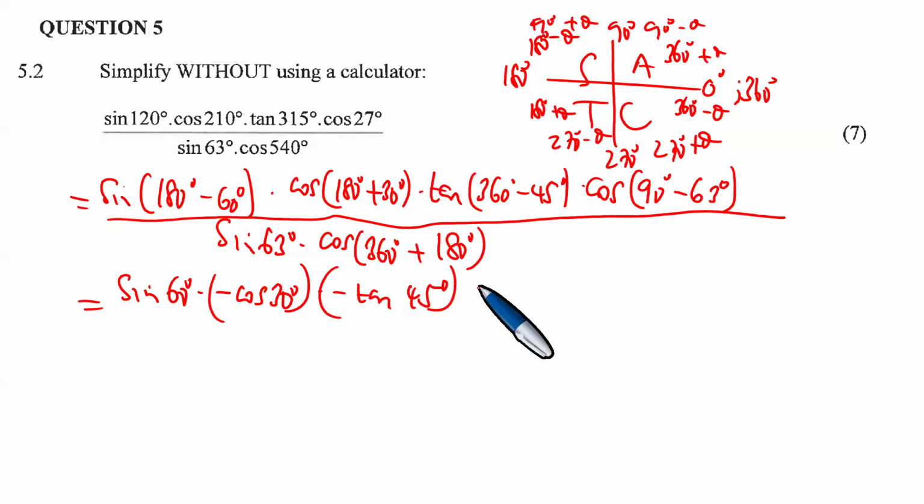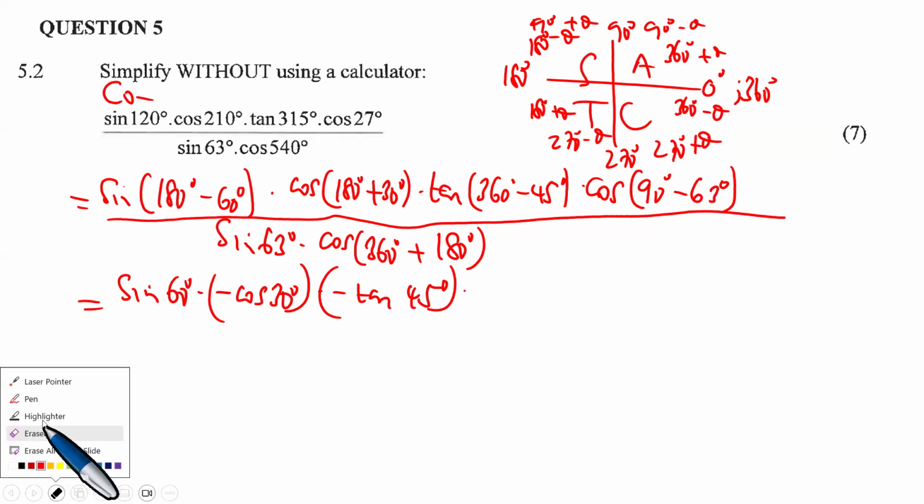Next, we have 90 degrees minus 63. This is an angle in the first quadrant in which all trigonometric ratios are positive, so we're going to have a positive there. But obviously there's a cofunction change in view of what we call the Coco rule, a very important rule that we need to mention.